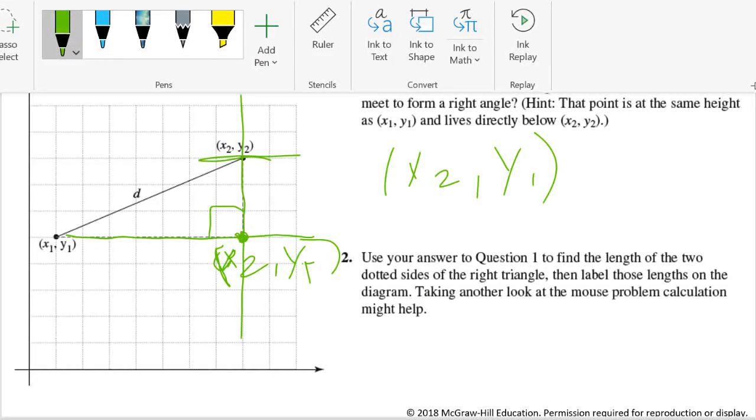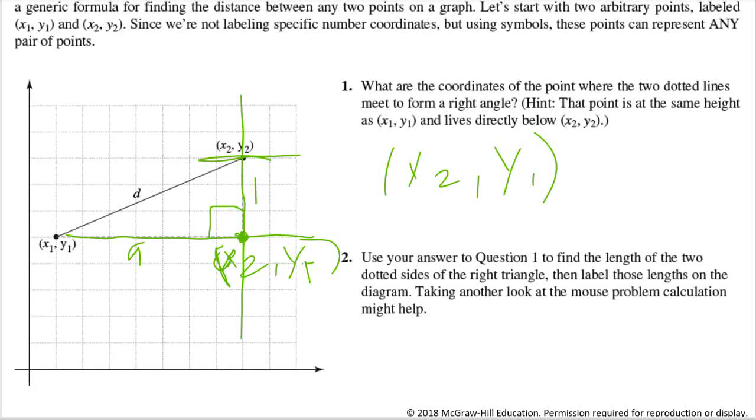All right. Question number 2. Use your answer to question 1 to find the length of the 2 dotted sides. And just for simplicity, I'm going to call them A and B, so I don't have to draw on the picture anymore. So A, I can take my x2 minus my x1.